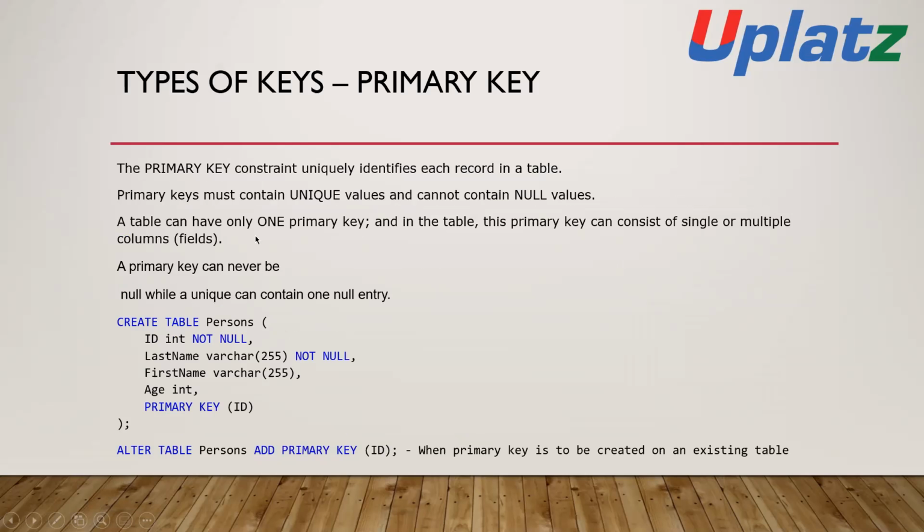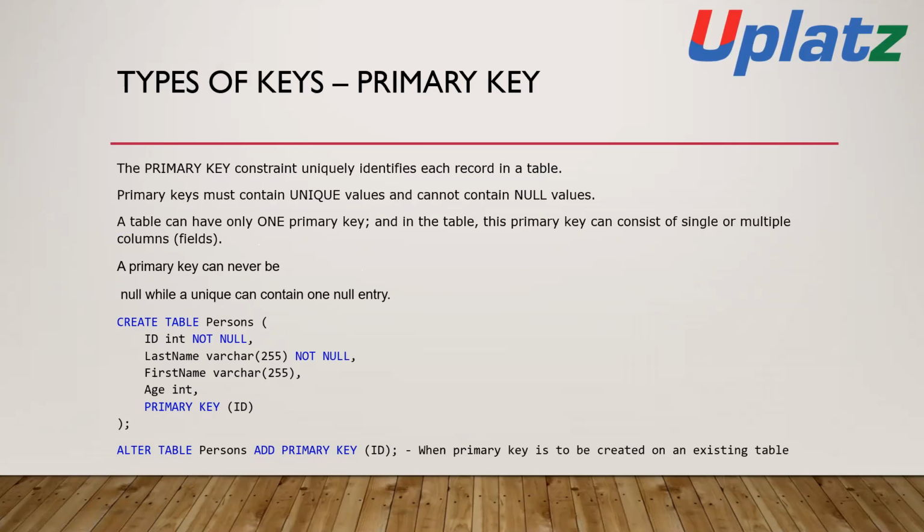Next we have in line is primary key. What happens here is that the primary key constraint uniquely identifies each record in a table. So basically, primary key is the most important topic when we are talking about indexes. Primary key helps us identify each row uniquely. Primary key must contain unique values and it cannot contain null values.